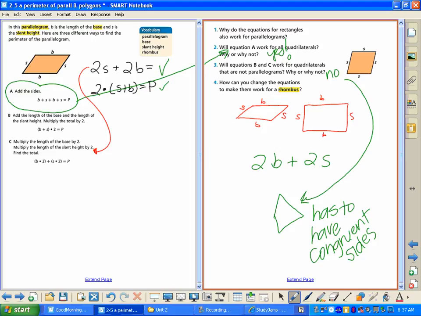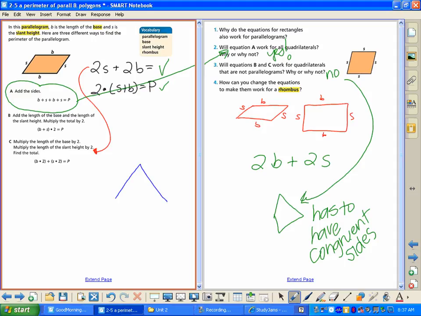Could we change this to work for a rhombus? If I had a rhombus, could I have an equation to work for a rhombus?